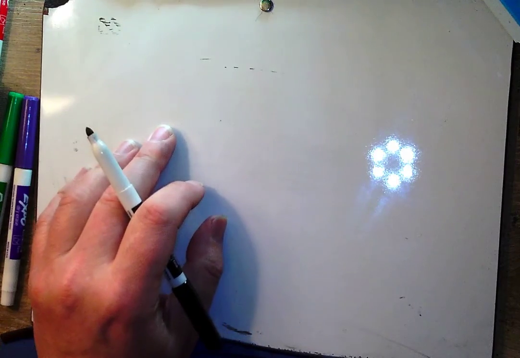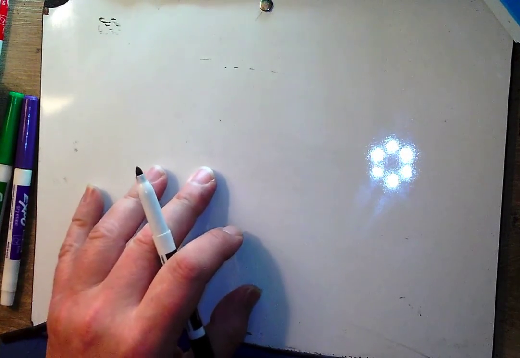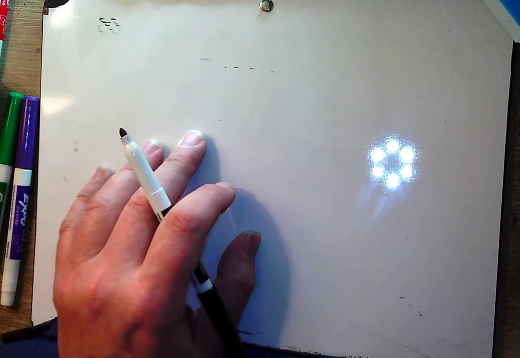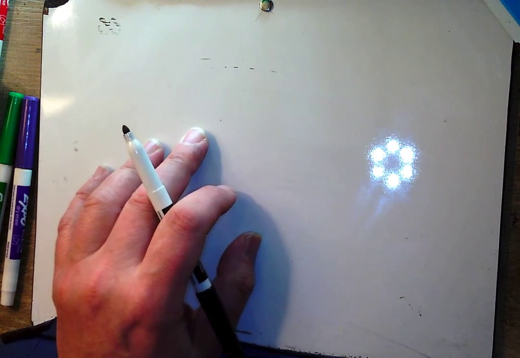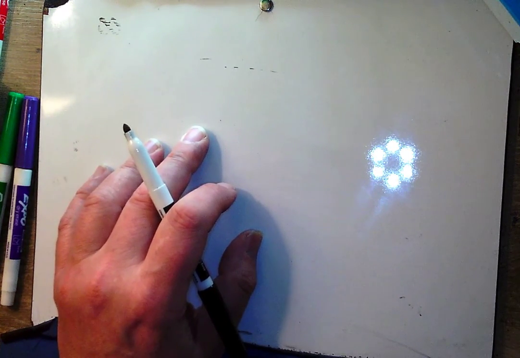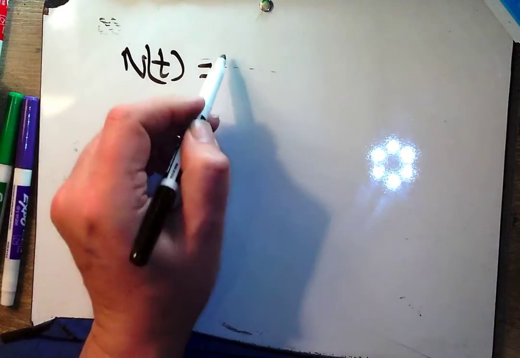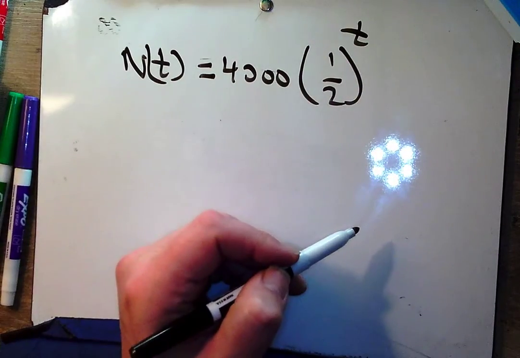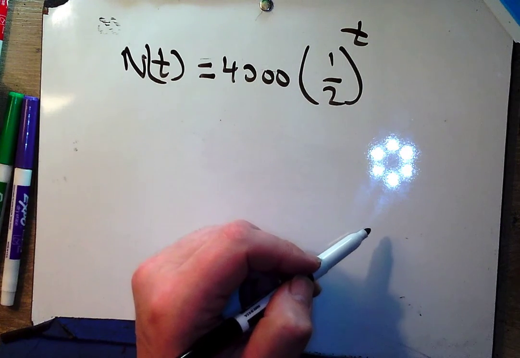Okay, 16. Initially, there were 4,000 bacteria in a culture. A scientist is testing a new antibiotic, which causes the number of bacteria to be cut in half each hour. That's cool. The number of bacteria after T hours is n of T equals 4,000 times 1/2 to the T. How many bacteria after 7 hours?